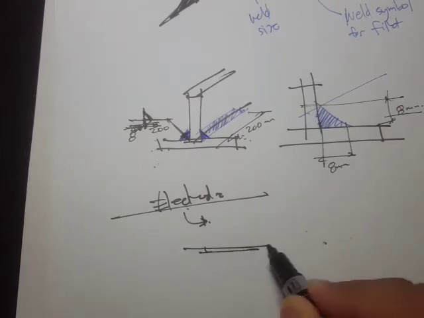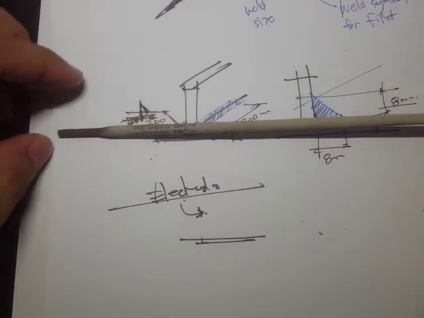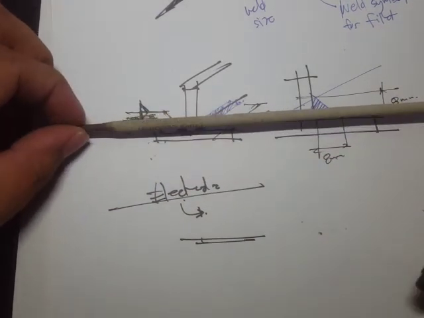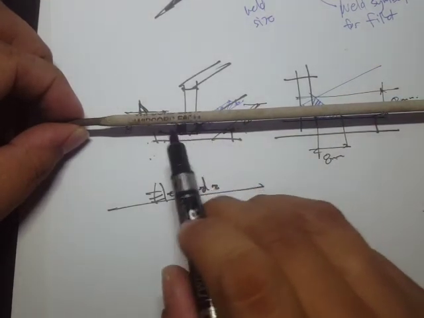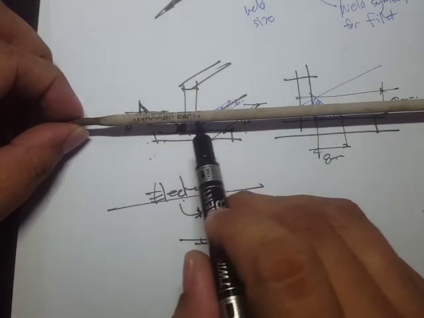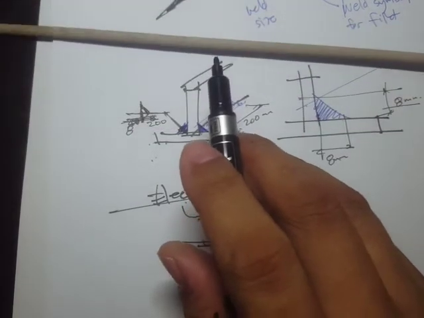Now, if you look at a welding electrode, by the way, I have an example of an electrode here, an actual electrode, and this is how it looks. You'll actually find a number right here. I think that's E6013.